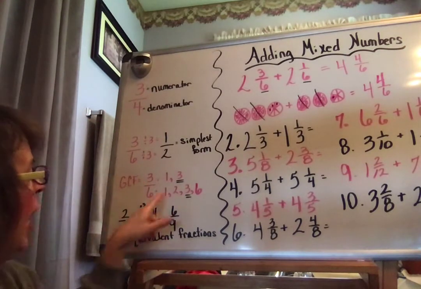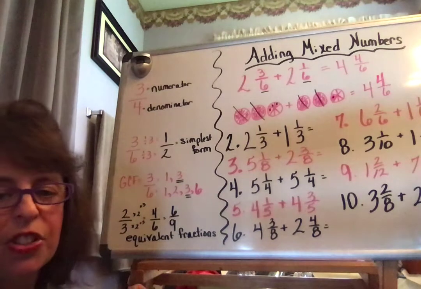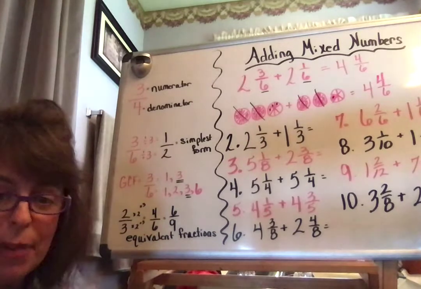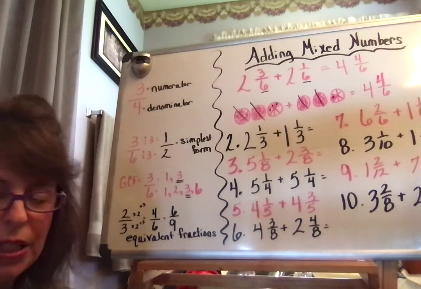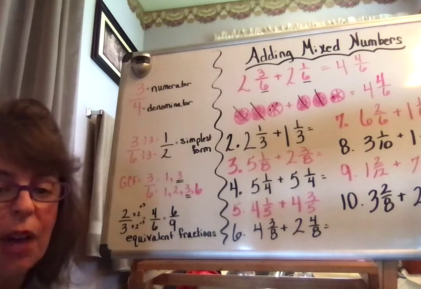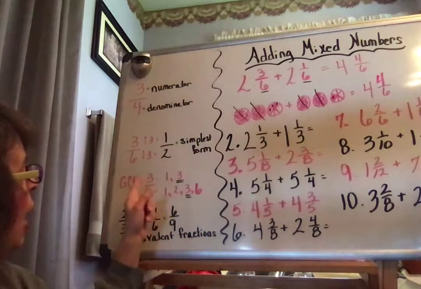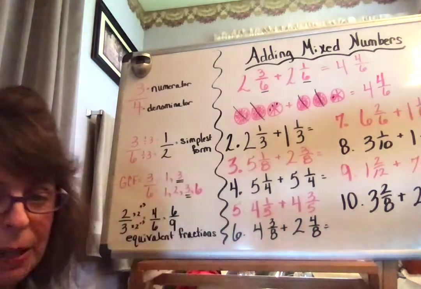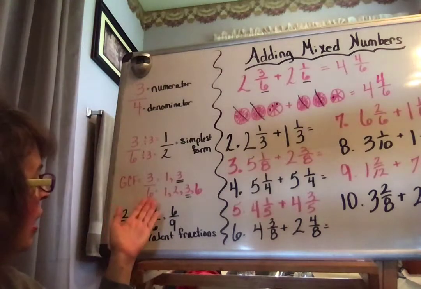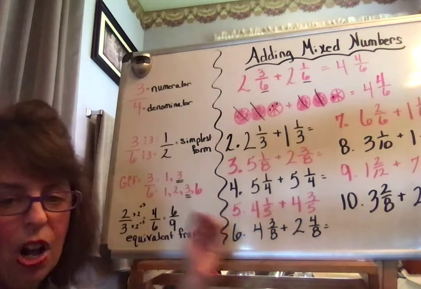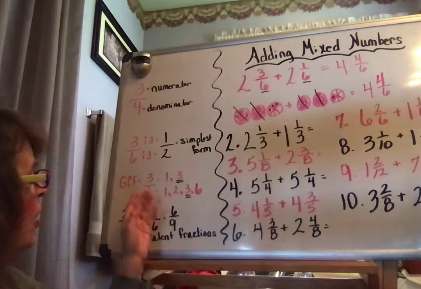So 3, and I want to find all the factors that make up 3. The factors of 3 are 1 and 3, because 1 times 3 is 3, and there are no other factors that would make 3. Now for 6, because my fraction is 3/6, I'm going to write down all the factors.